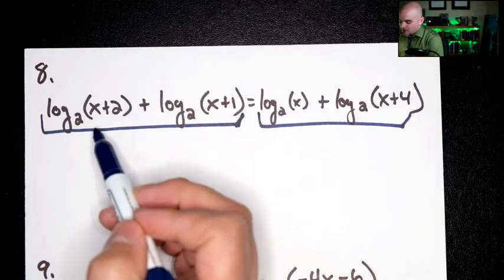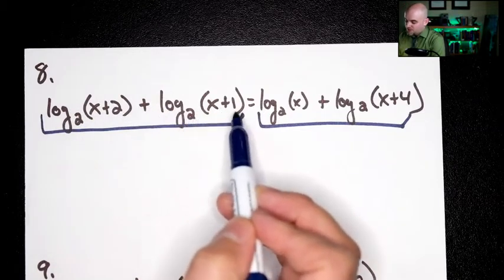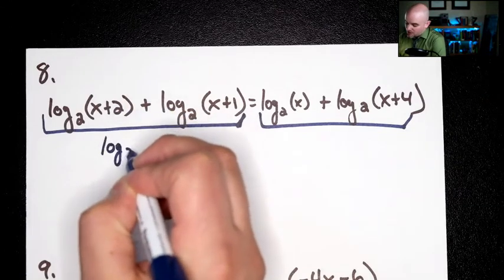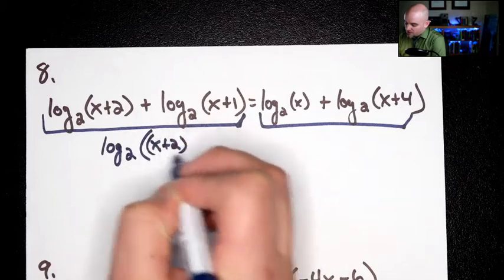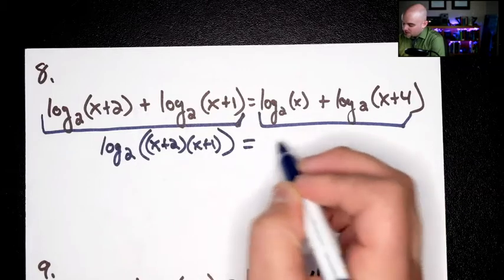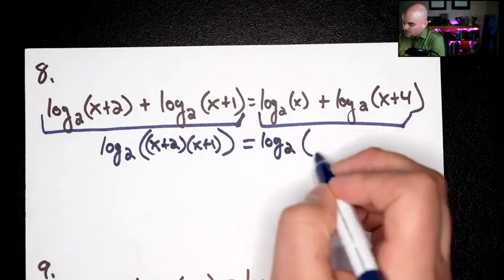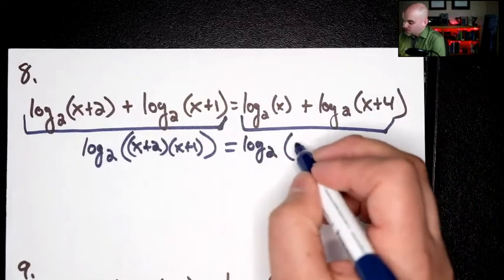In this case, we got base 2. So log base 2 of x plus 2 plus log base 2 of x plus 1, we can say that's the same thing as log base 2 of x plus 2 times x plus 1. And that's going to equal the log base 2. We can combine the same thing here. They're both the same bases, and we're adding, so it's going to be x times x plus 4.